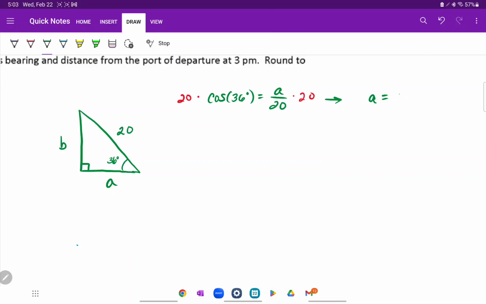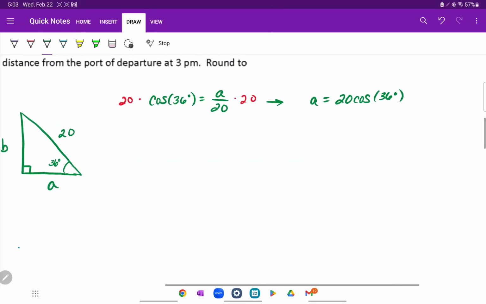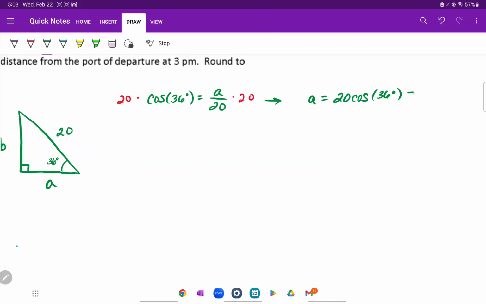That gives us A equal to 20 times cosine of 36 degrees. And we'll put that into our calculator. We'll get A to be equal to 16.18, because we're rounding to the nearest hundredth.